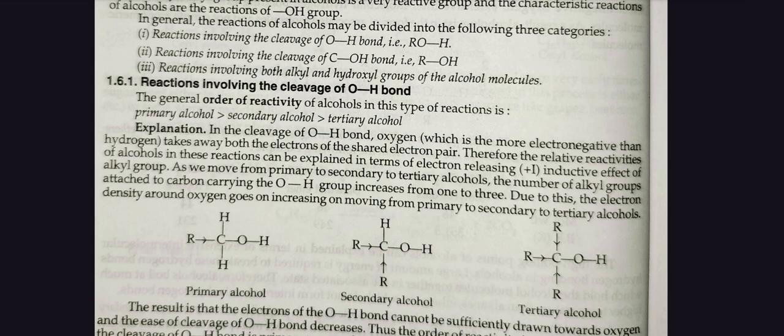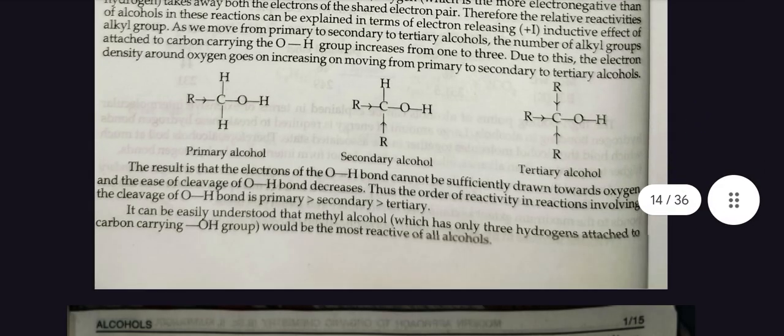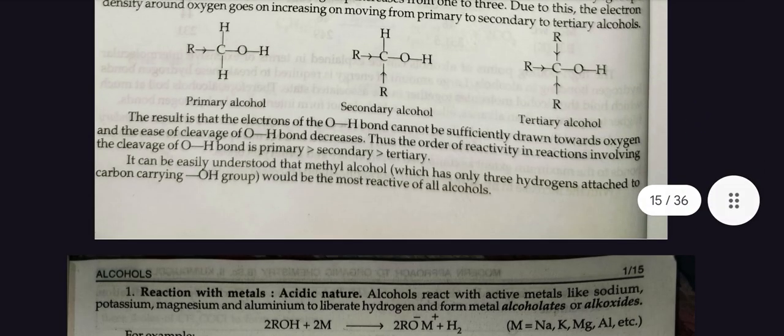Due to this, the electron density around oxygen goes on increasing on moving from primary to secondary to tertiary alcohol. The result is that the electrons of the O-H bond cannot be sufficiently drawn towards oxygen, and the ease of cleavage of the O-H bond decreases.